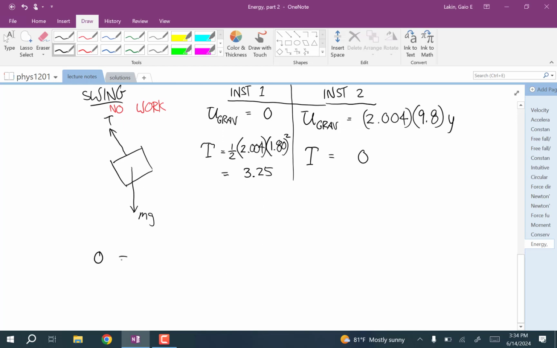You got 0 plus 3.25 is equal to 2.004 times 9.8 is 19.64, and then times y plus 0. Divide both sides by 19.64, and you get that final y value is 0.17 meters.